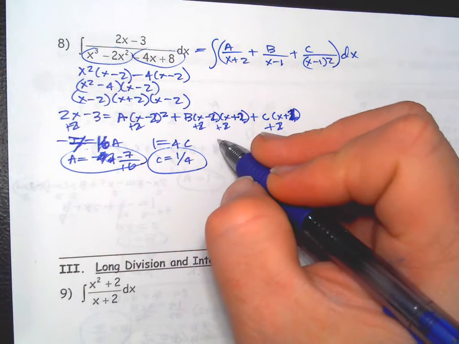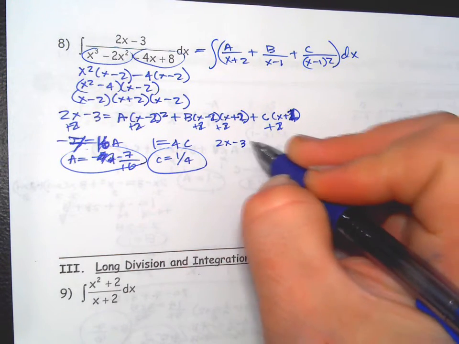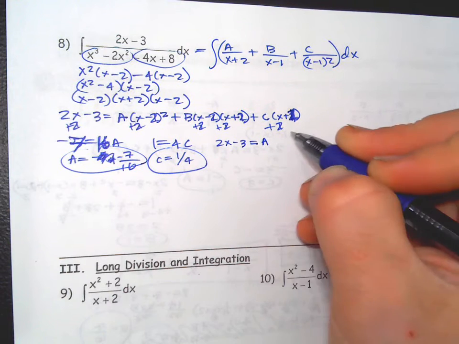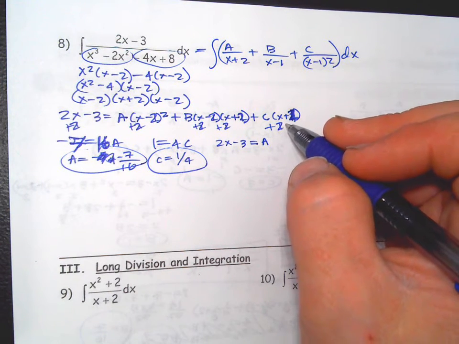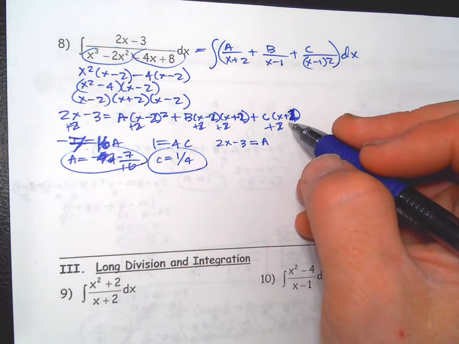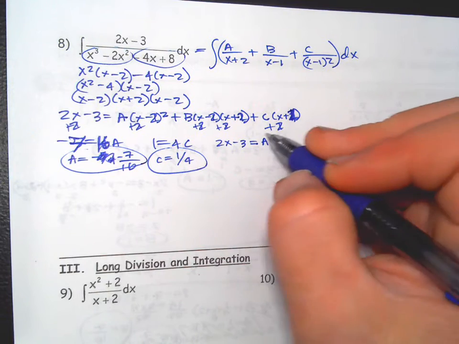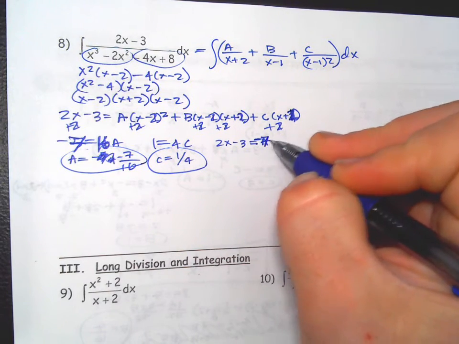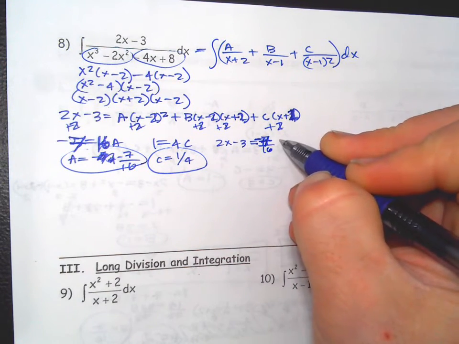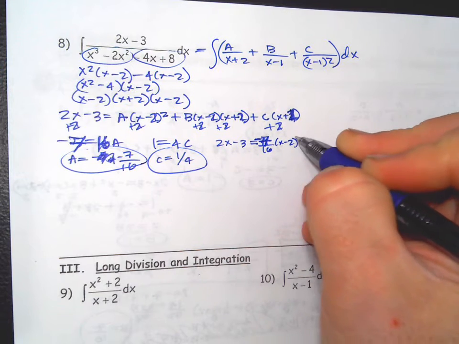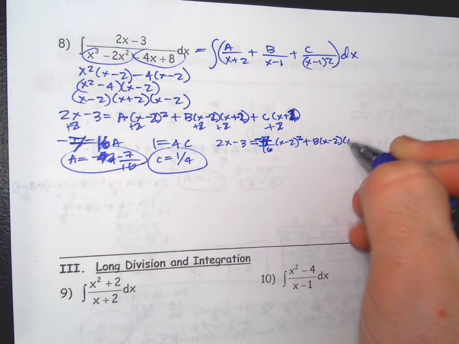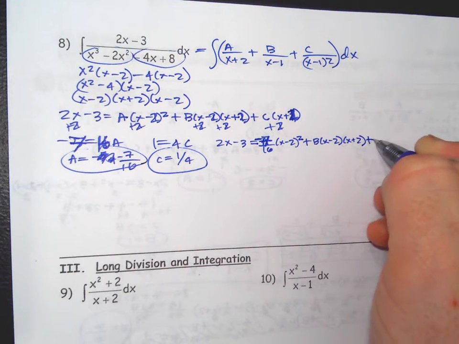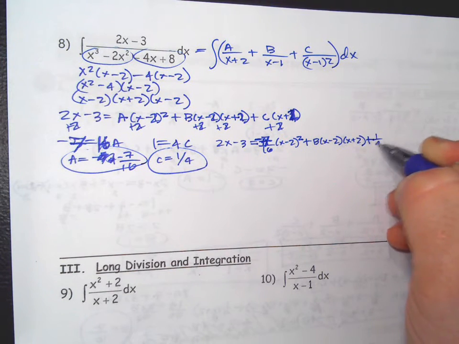So let's see, 2x minus 3 equals a. Okay, a was -7/16. (x minus 2) squared plus b(x minus 2)(x plus 2) plus c. c is 1/4 (x plus 2).